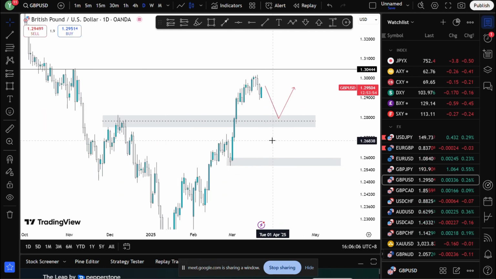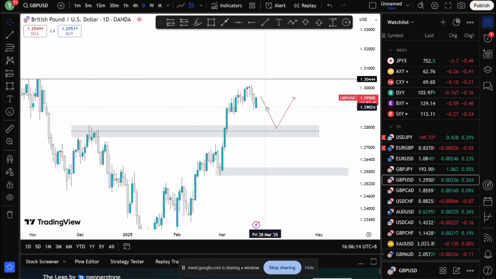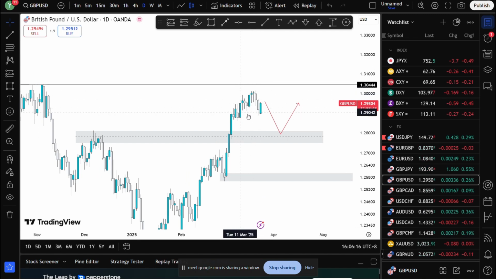I will still focus on buy rather than sell, because this overall movement is still quite bullish. I will not say that because of this little sideways movement the price is bearish. For now, I would still consider GBPUSD a bullish momentum, so I will just wait for an opportunity.